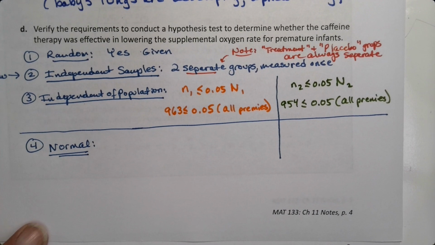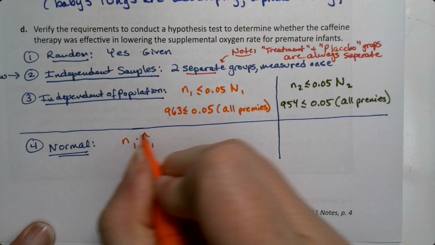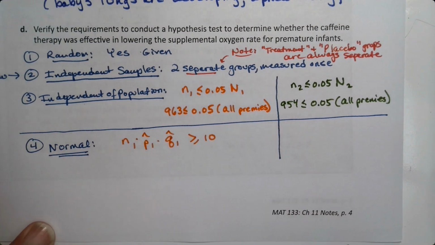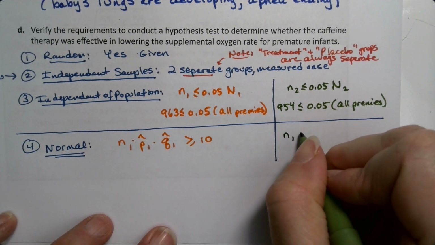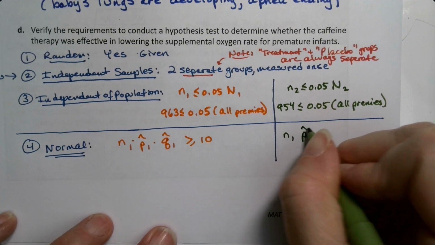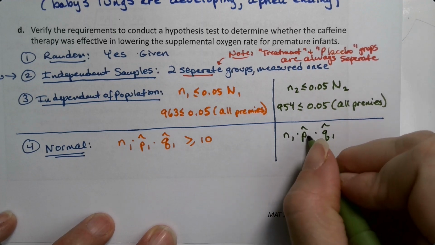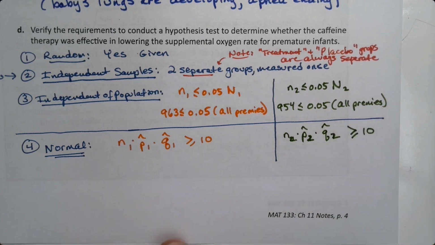Okay, so n1, p1 hat, q1 hat has to be greater than or equal to 10. And it's always multiplication, right? When you put two letters next to each other in mathematics, that means multiply. So I put the times dots in there on the sheet. Oh, these are 2's. These have to be greater than or equal to 10.